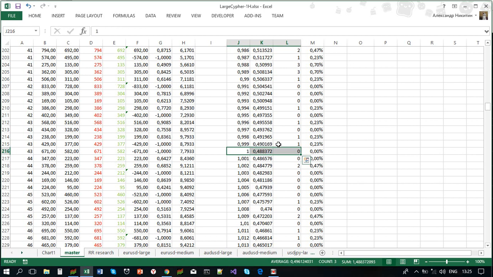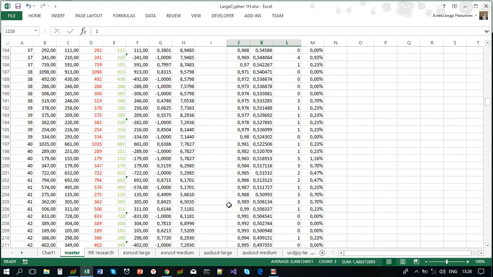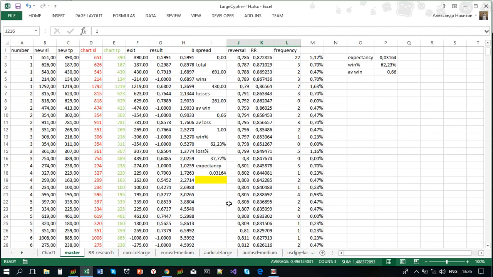If a trade has a risk to reward of 0.49, it means it didn't touch 1. But if it is more than 0.49, it means that it did touch. So we look for less than 0.49.